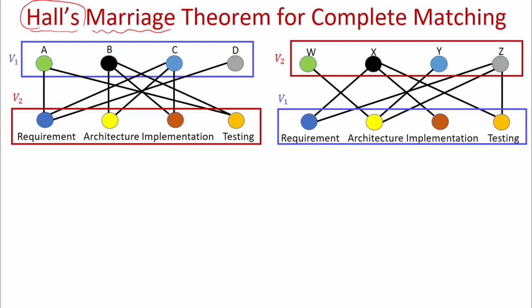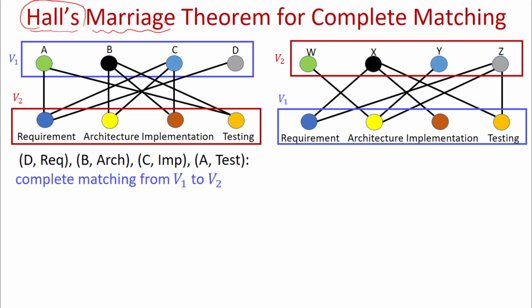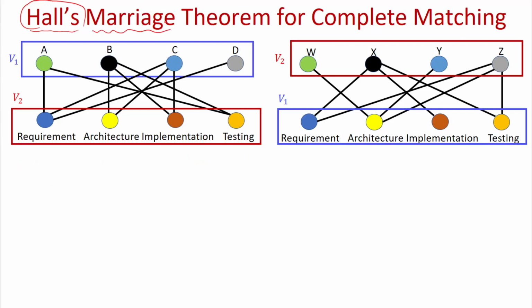Okay, so I have given here two graphs. This is my graph number G1 and this is my graph number G2. The interpretations of V1 and V2 are different in G1 and G2. In G1, the vertex set V1 is my employee set, and the vertex set V2 is the skill set.